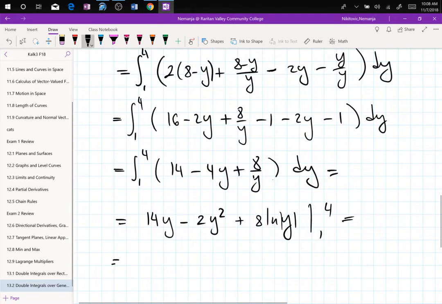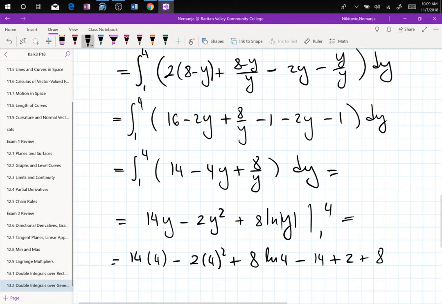Plug in 4 everywhere. That's 14 times 4 minus 2 times 4 squared plus 8 ln 4. Minus plug in 1 everywhere, which is 14 minus 2 plus 8 ln 1. What's ln 1? 0.